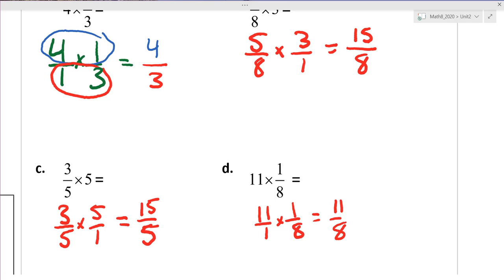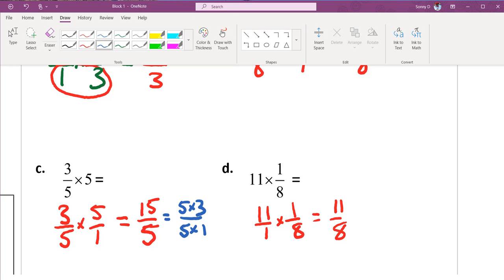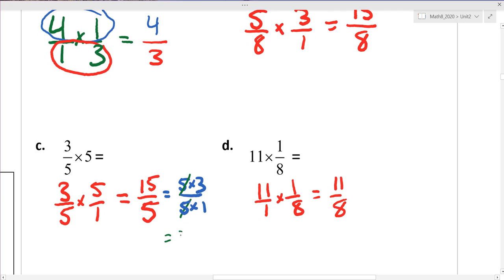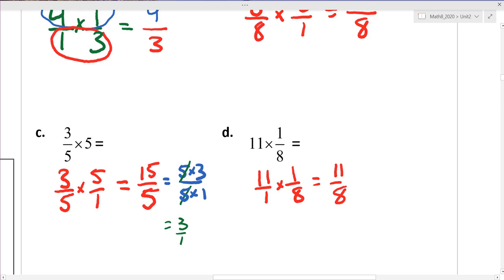Yeah, so the top is 5 times 3, and the bottom is 5 times 1. The two 5s cancel out. We're left with 3 over 1, which is the same thing as just 3. All the others are already in lowest terms. We can't simplify those further.